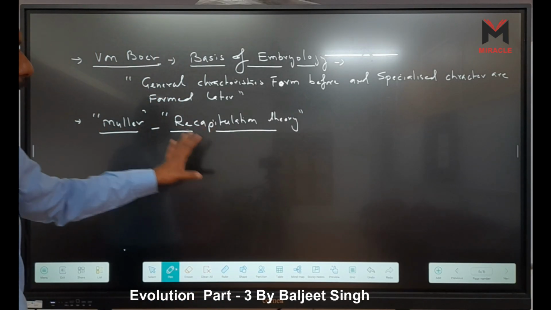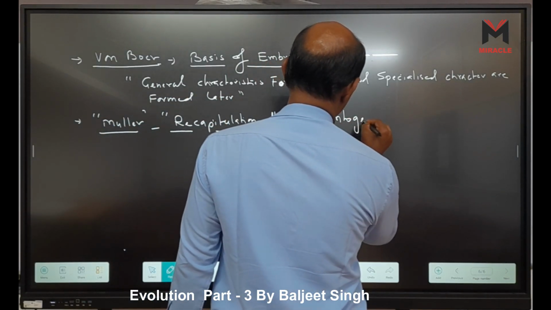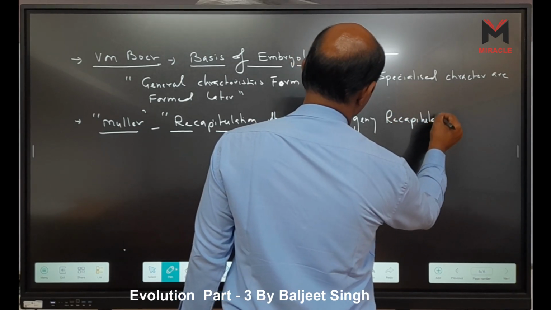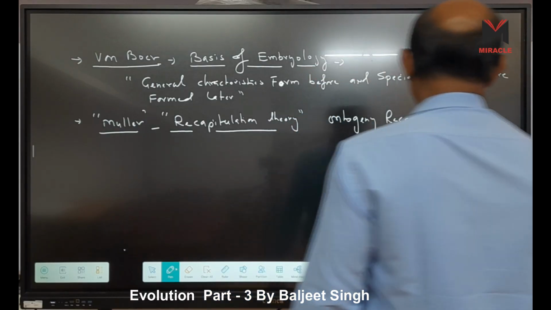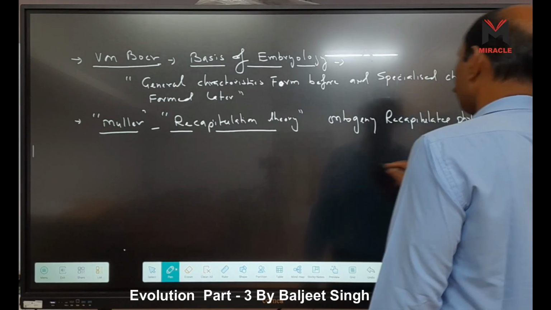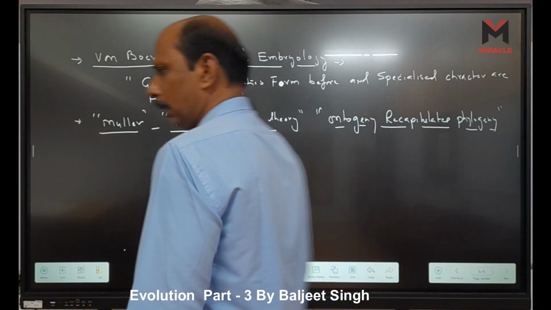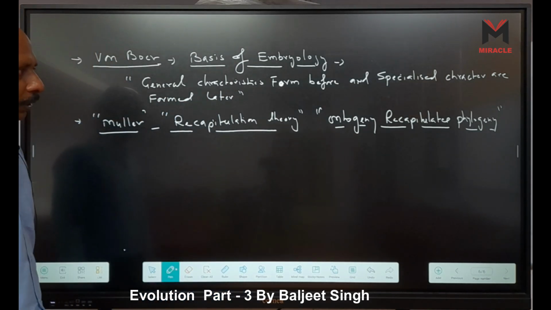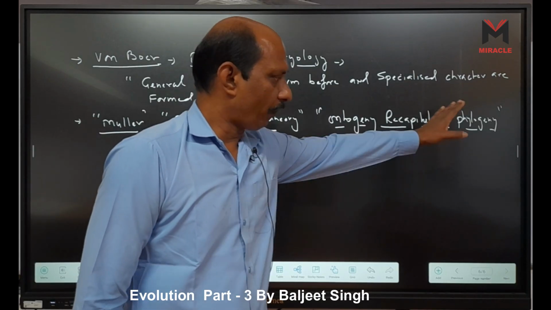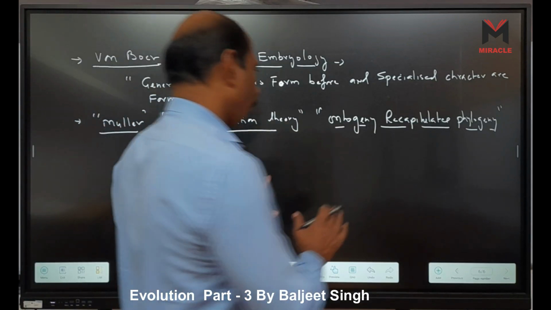According to recapitulation theory, he said: ontogeny recapitulates phylogeny, right? Ontogeny means embryology, right? Phylogeny means evolutionary biology. Okay, now what does he say?